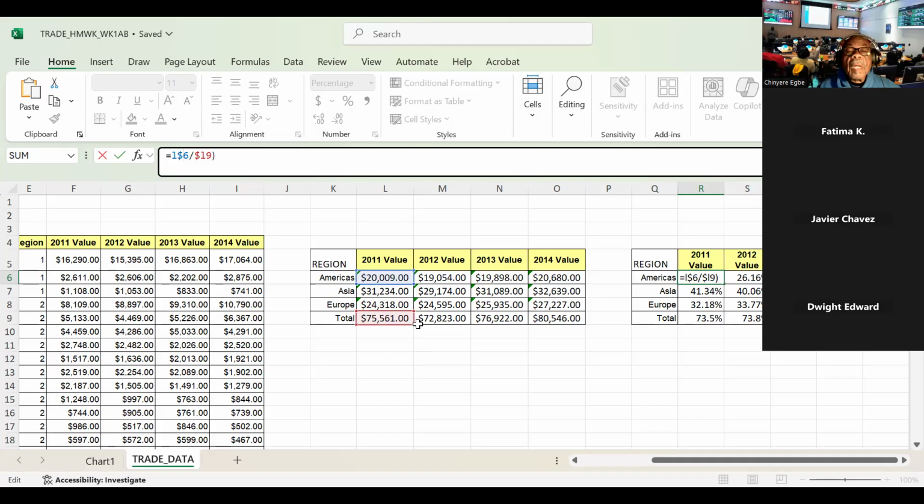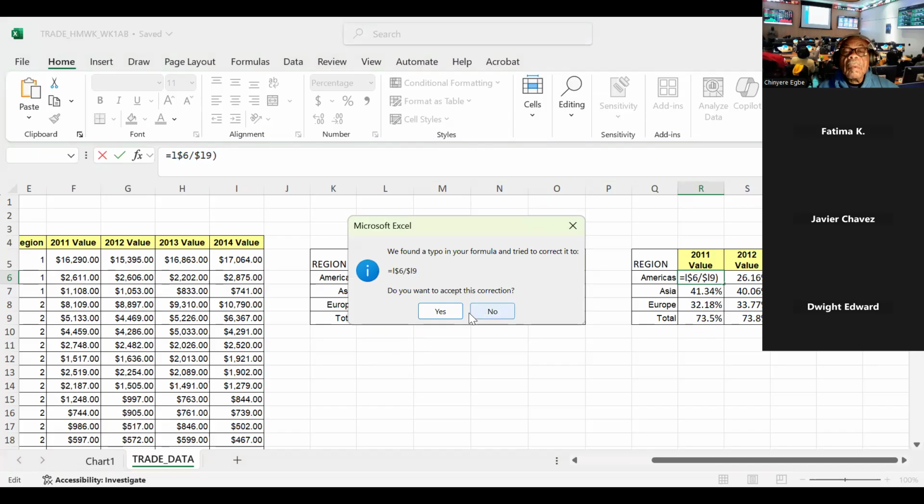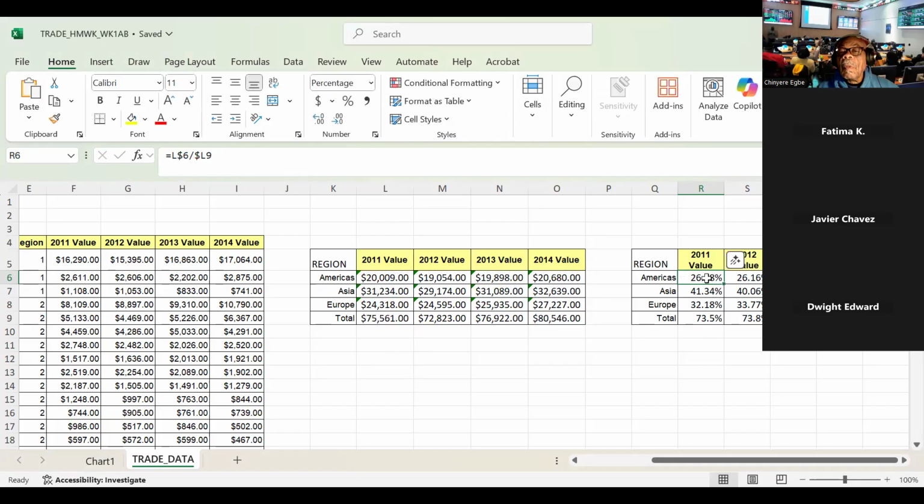Let's see what happens. You're missing a parenthesis in the beginning as well. That's why it's giving you an error.